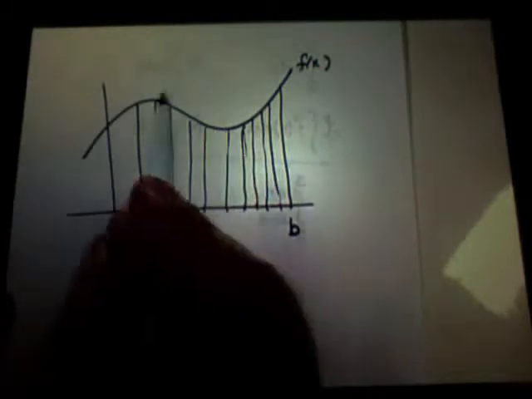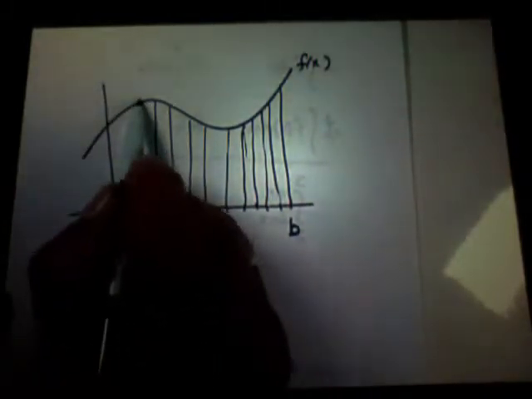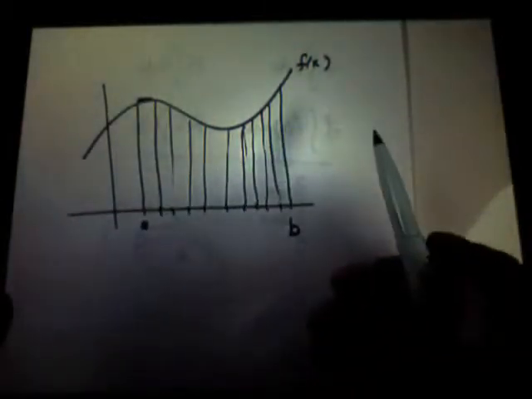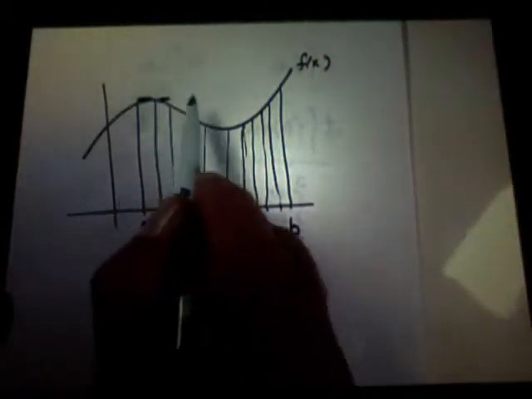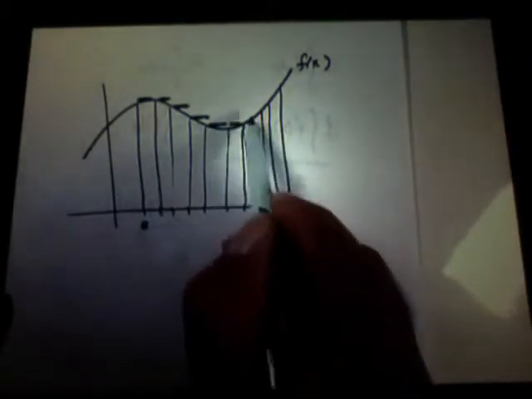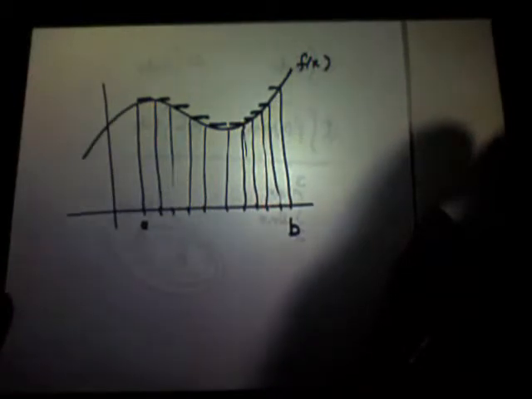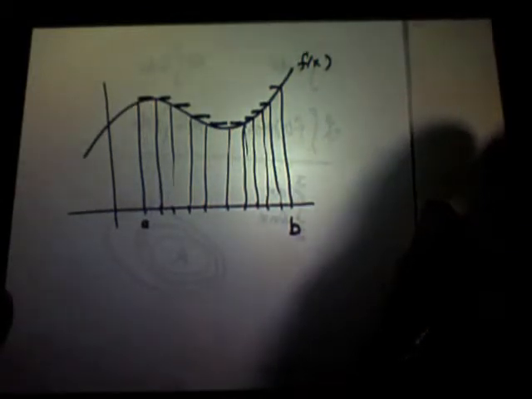So what you do is on this first partition element, you find the sup of the function, and then you find the sup here, and the sup here, and the sup here. Sup, sup, sup, sup. Okay? Flashback to analysis.